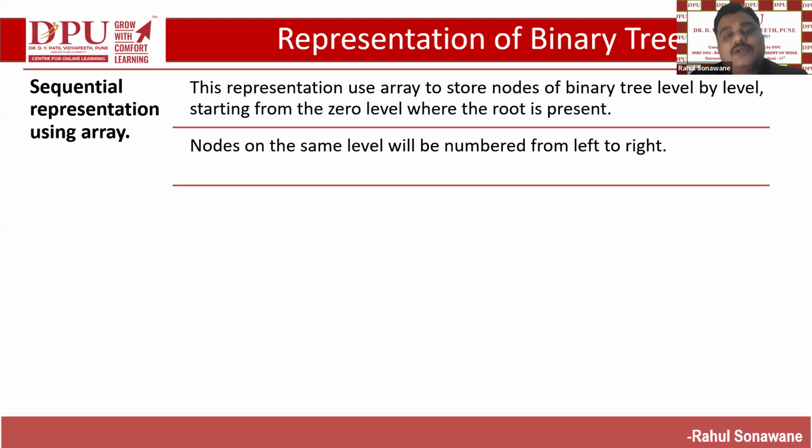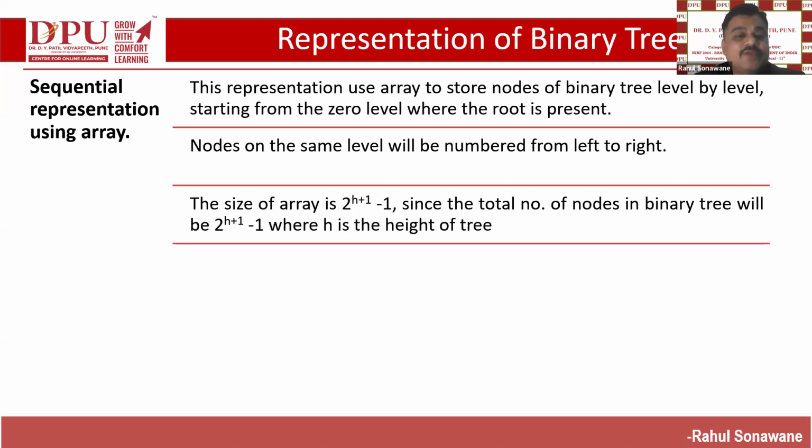We just need to number the elements level by level and from left to right. That is, 0th level elements will be numbered first, then first level, then second level, and third level, all numbered from left to right only. If you do so, we will require an array of size 2 raised to h plus 1 minus 1, where h is the height of the tree.